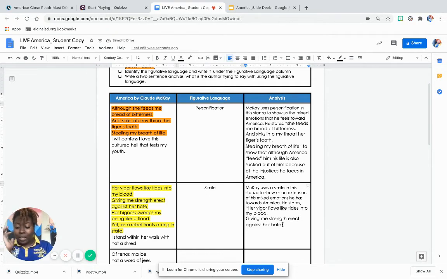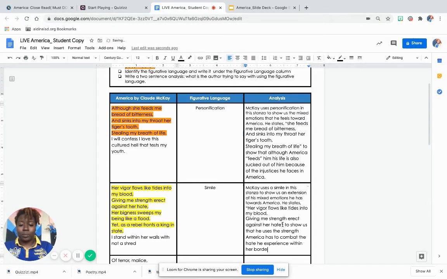It's "her hate," to show us that he uses the strength America has to combat the hate he experiences within her borders.